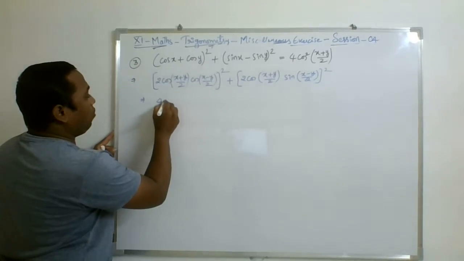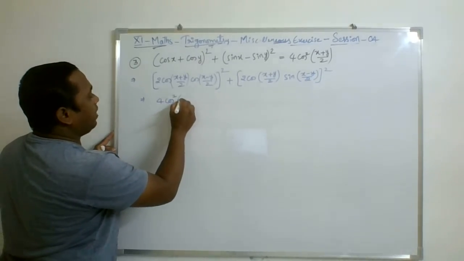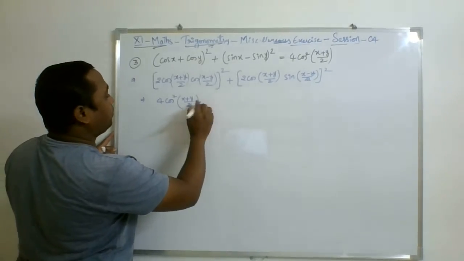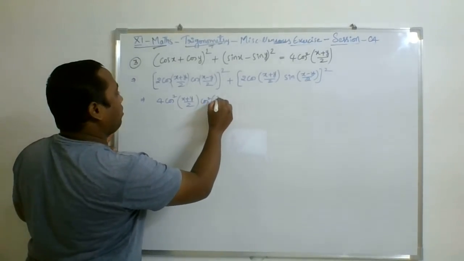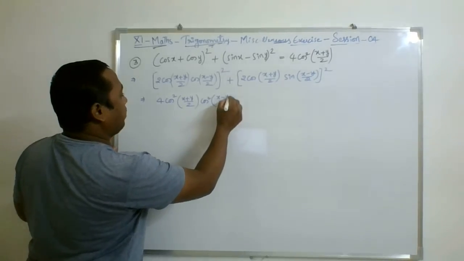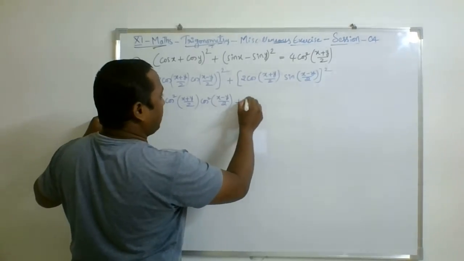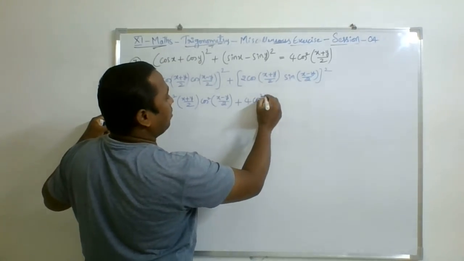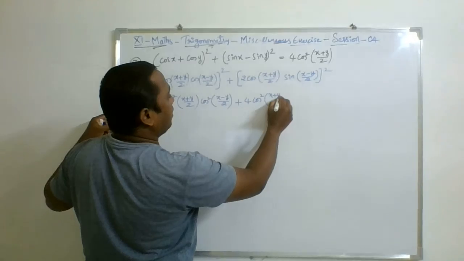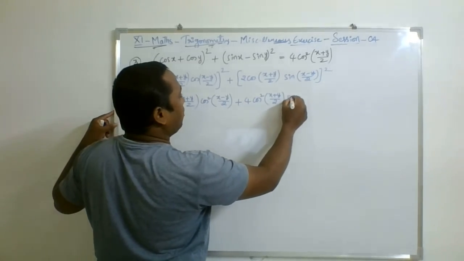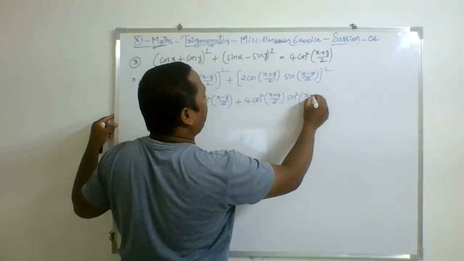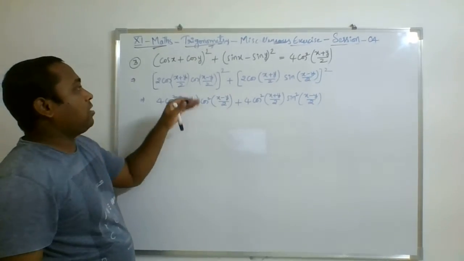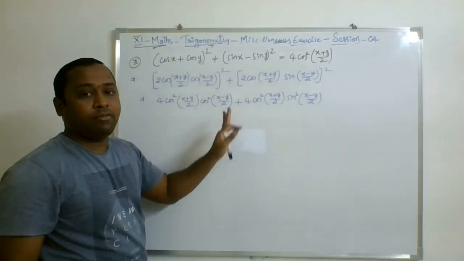It becomes 4 cos square of (x + y) by 2 into cos square of (x - y) by 2, plus, again opening, 2 square is 4, 4 cos square of (x + y) by 2 into sin square of (x - y) by 2. So I applied the formula first and then opened the square.